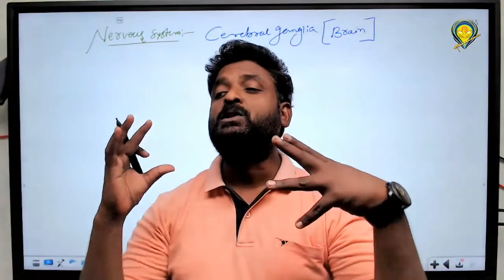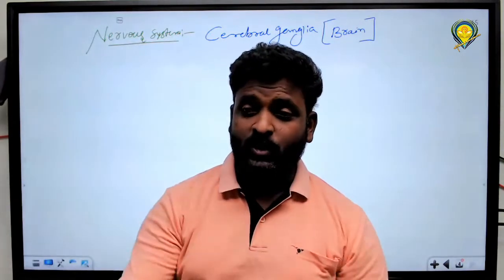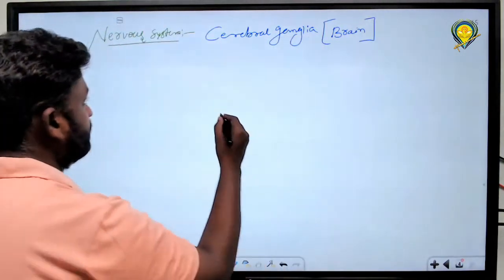Nervous system is cerebral ganglia, right? And in some of the turbellarians we can see sensory organs, but most of the parasites are reduced in sensory organs. Please write it.